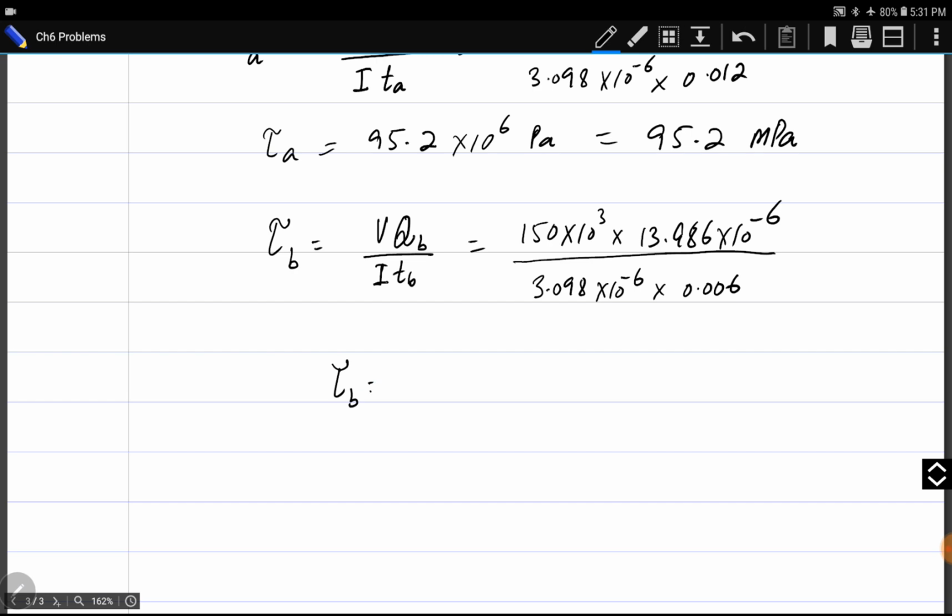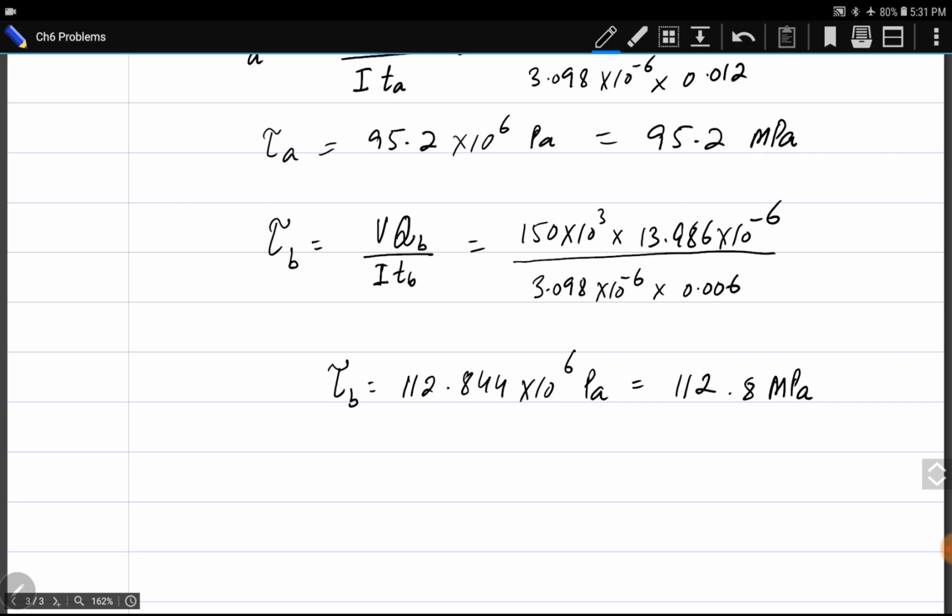So tau B will be, after calculations, 112.844 into 10 power 6 pascals or 112.8 megapascals. Okay. So shear stress at point A and at point B have been calculated. This was needed in the problem statement.